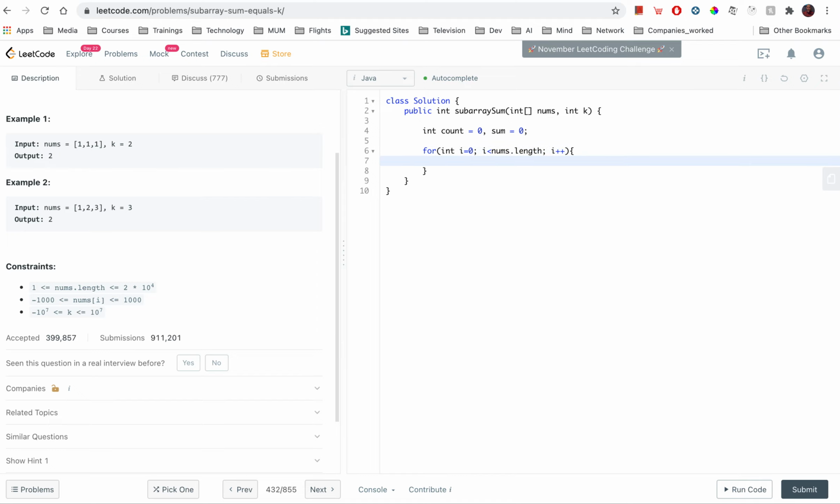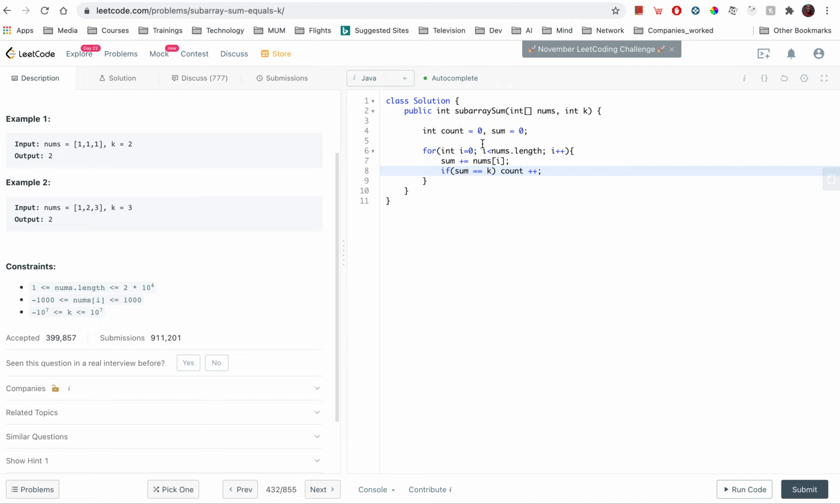What we could do is sum plus equals nums[i]. If sum equals k, that means count plus plus, right?